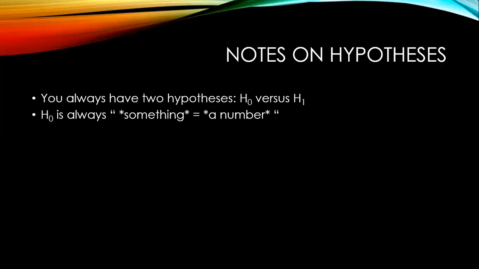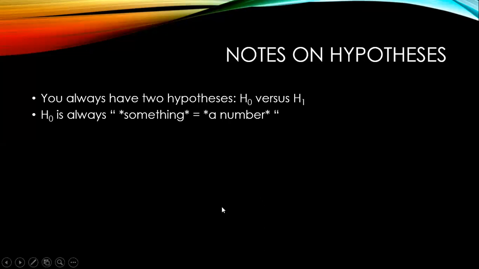As I said before, when you do normal distribution in Year 13, you'll see hypothesis tests about the mean of a population, like the mean height of people in a population. In that case your null hypothesis would be that your mean equals a number.